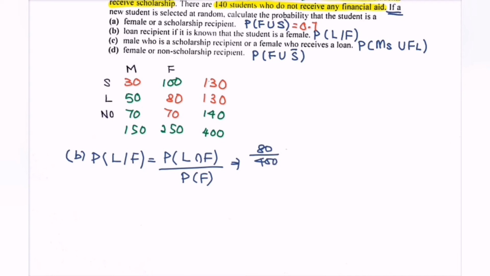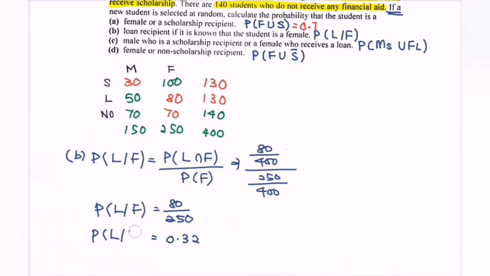That is the probability for L intersect F over the probability for female, where we have 250 over 400. So if we simplify, we will have 80 over 250. So after we simplify, we will have 0.32. That is the probability for L given that F has occurred.